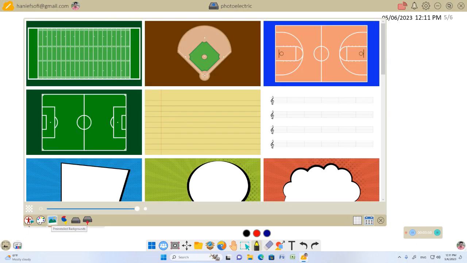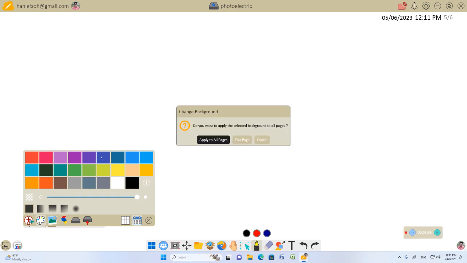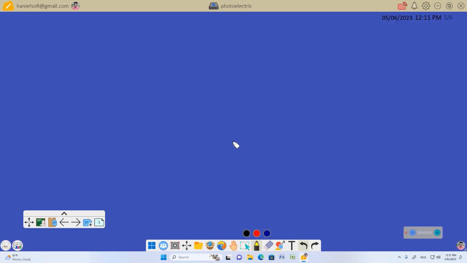First let me select the color of my page. I will use this yellow color. So what is the next experimental finding?